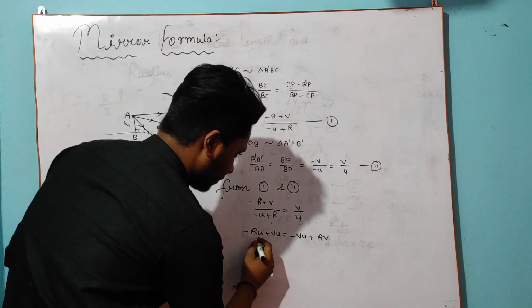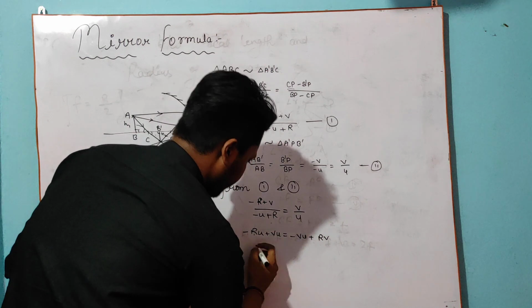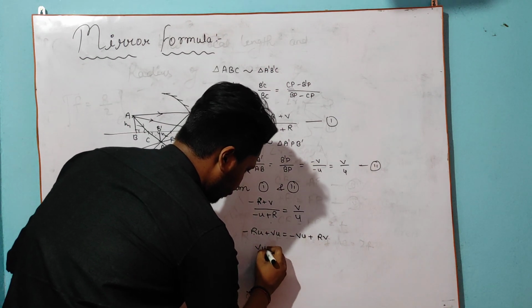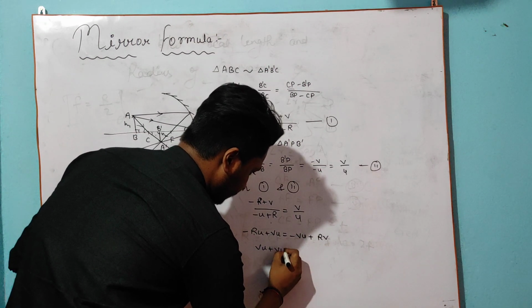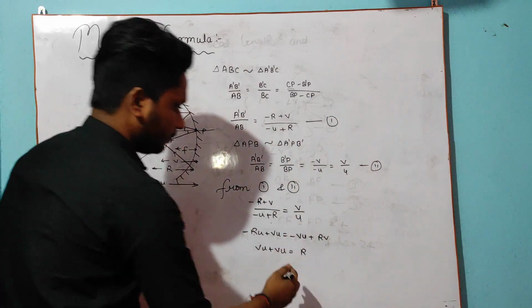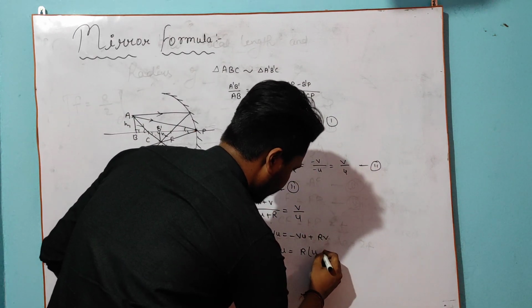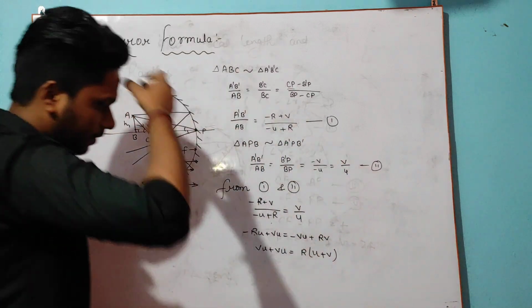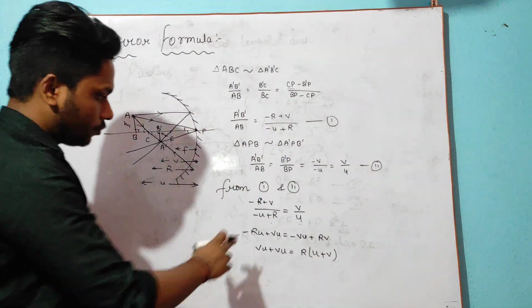Taking this to the right hand side, VU plus VU is equal to RU plus RV. Okay, this is 2VU.